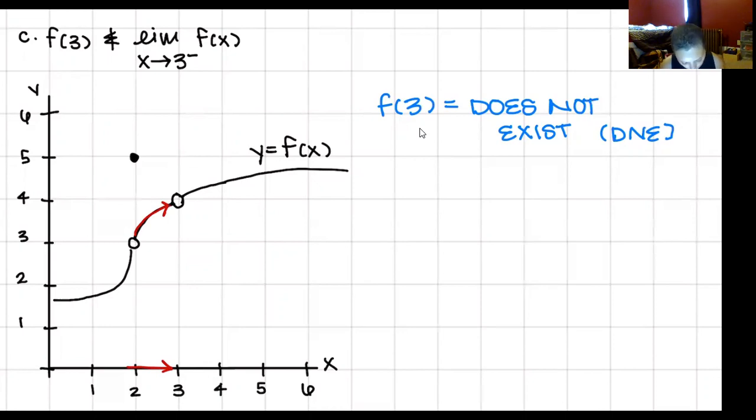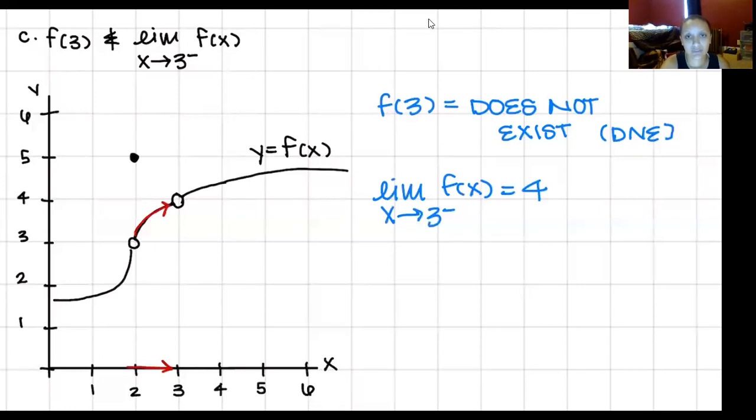And as we're approaching, our values are getting closer and closer to the value 4. So we say that the limit as x approaches 3 from the left of f of x is equal to the value 4.